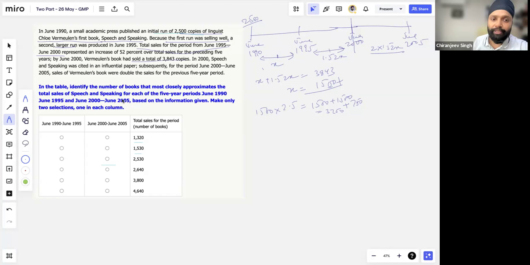Then the question is, you have to select the number of books that most closely approximates the total sales for the period June 1990 to 1995, which is X. That will come out to be 1530. And then for June 2000 to June 2005, which is going to be 3.04x, so almost 3 times this.